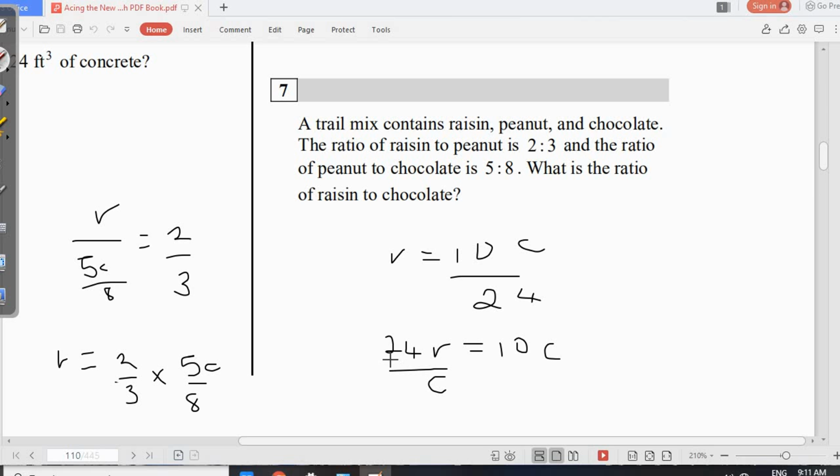The 24 cancels out, and the c and c cancel out. So our answer is r over c is equal to 10 over 24.